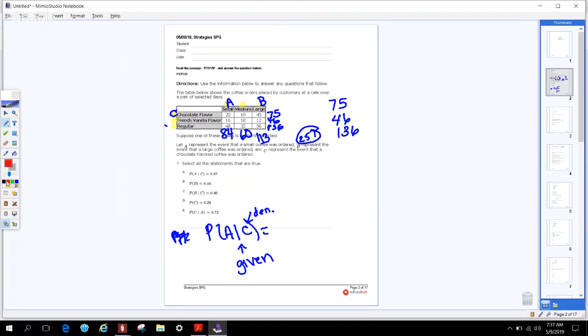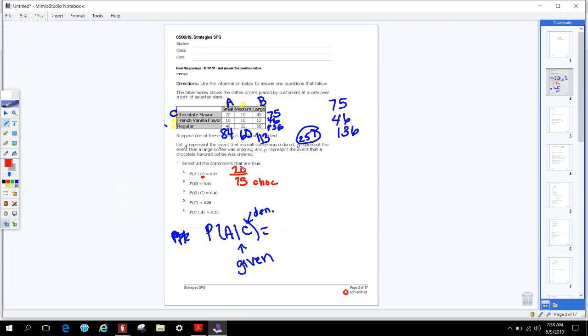So if I go here and it says the probability of A given C, that means the only thing I'm looking at is chocolate. So how many total people drank chocolate? Based on what we added up, 75. So now, because I'm only looking at chocolate because this C is the given, this C represents chocolate, how many of those people drank smalls? 20.